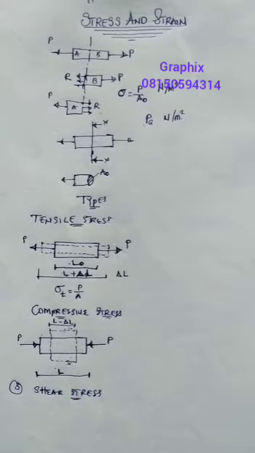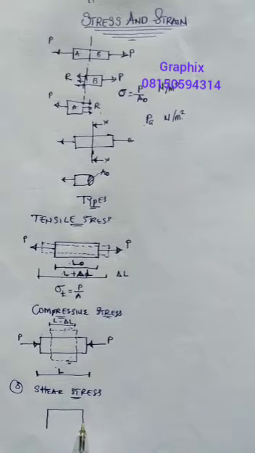Is that taken? The lines of action are not the same. Now what it means is this. If I have this material like this, and this is the length of the material, L.